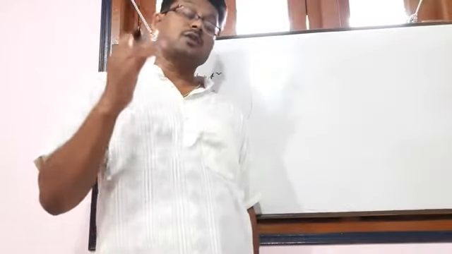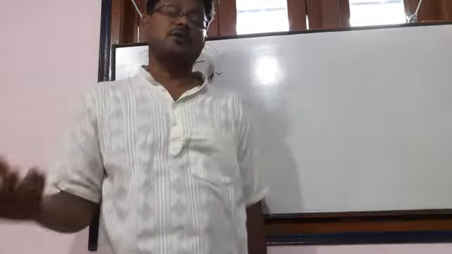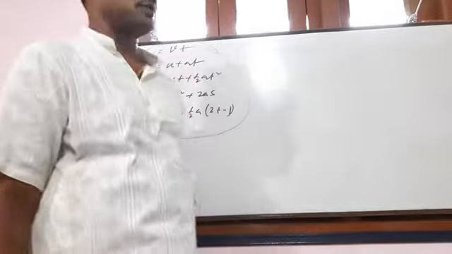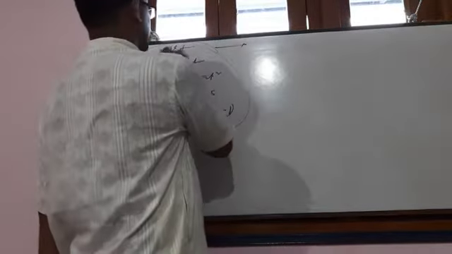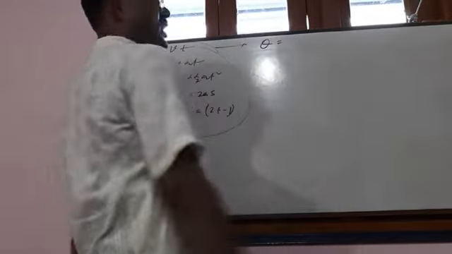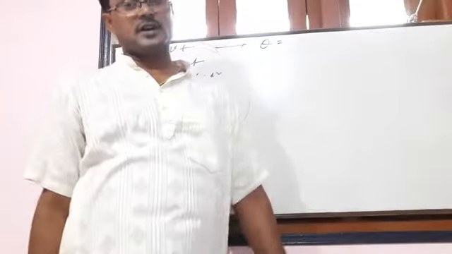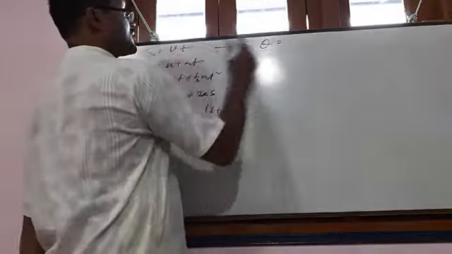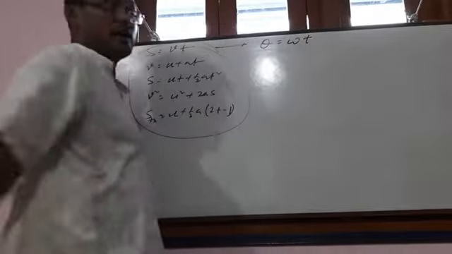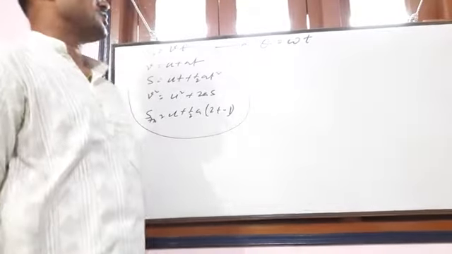Now if we want to transfer all these equations in the form of circular motion, what do we have to do? We know that linear displacement will be transferred to theta, because angular displacement is theta. And here the velocity will be transferred to omega, angular velocity.